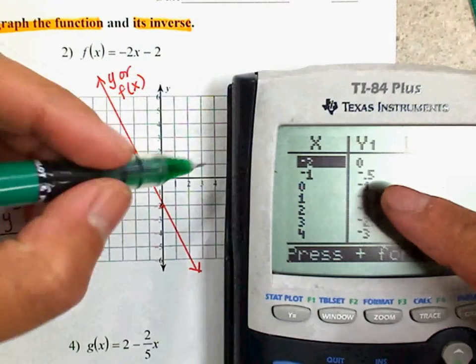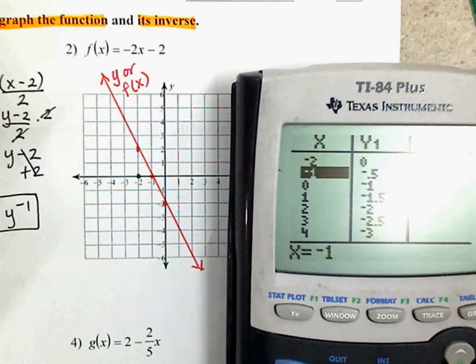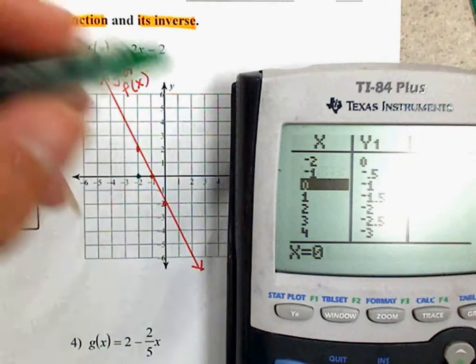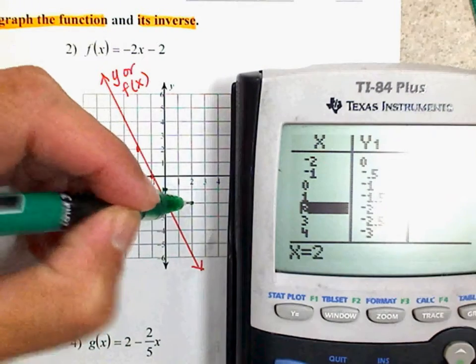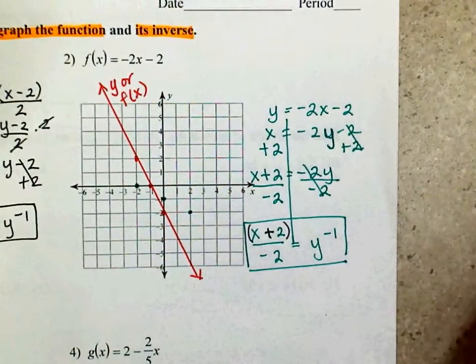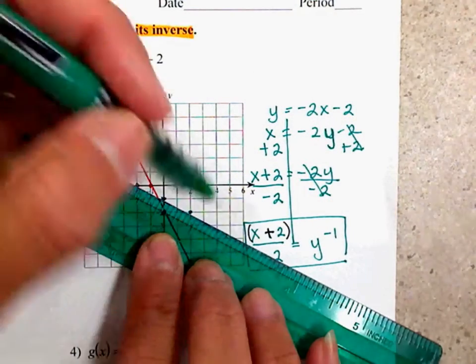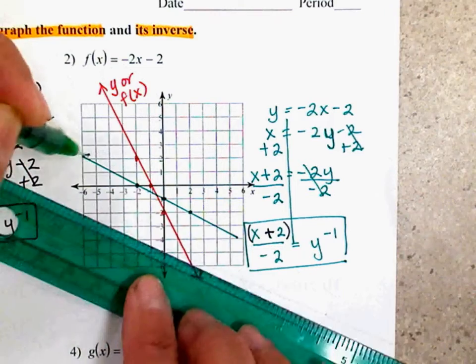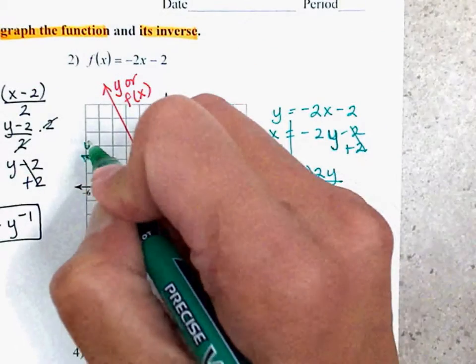Negative 2, 0. Now I'm going to skip that one because that's a decimal. Go 0, negative 1, 2, negative 2. And it should be a straight line. If your lines are not straight, then you might have probably messed up somewhere. And there you have your inverse.